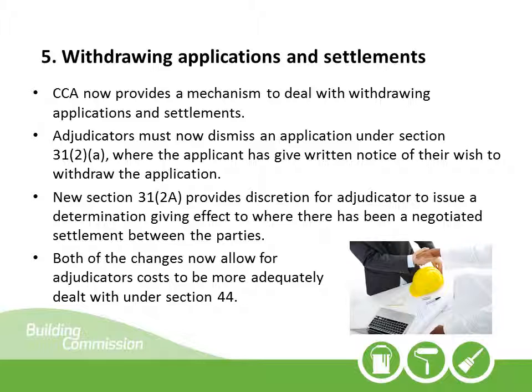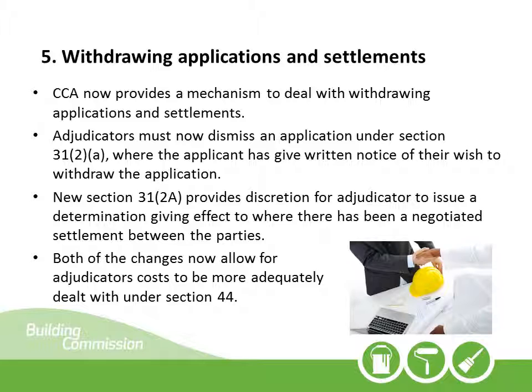Previously, the CCA did not provide a formal mechanism for withdrawing applications or for instances where the parties to the dispute reached a settlement prior to the adjudicator making a determination. This has now changed. Under Section 31(2), paragraph A, subparagraph IA, adjudicators must now dismiss an application without determining the merits where the applicant has given written notice of their wish to withdraw.